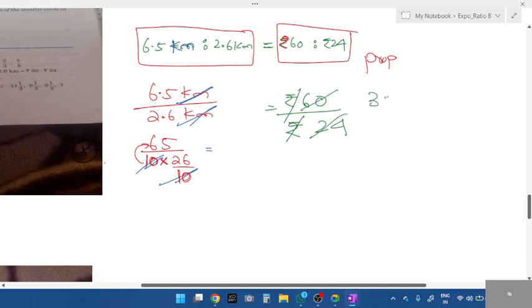Reduce it. 2 into 30 divided by 2 into 12. Next, reduce to the lowest term. Which timetable can I use?